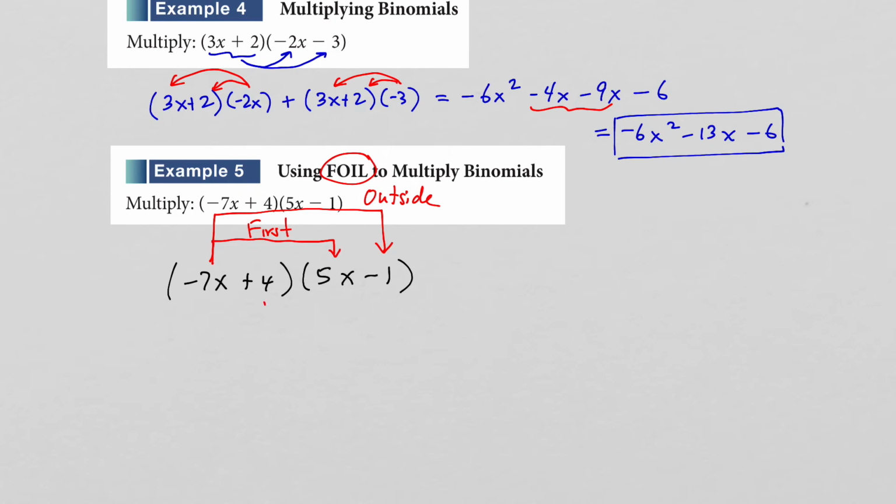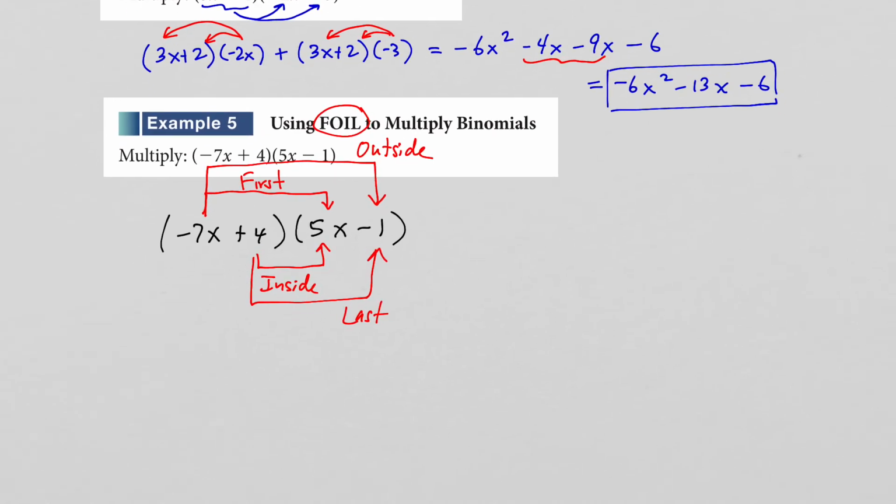Then we multiply +4 times +5x, and this is called multiplying the inside terms, because when you look at this whole thing, these are on the inside. And finally, we multiply +4 times -1, and those are the last terms. So you can see where FOIL comes from: first, outside, inside, and last.